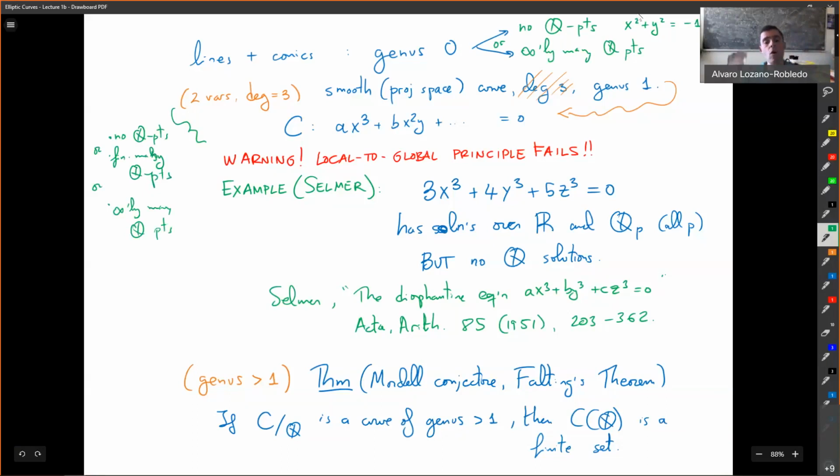So you can have all these possibilities of no rational points, finitely many rational points, or infinitely many rational points in a genus 1 curve. Over genus 2 and above, it's always a finite set. Okay.